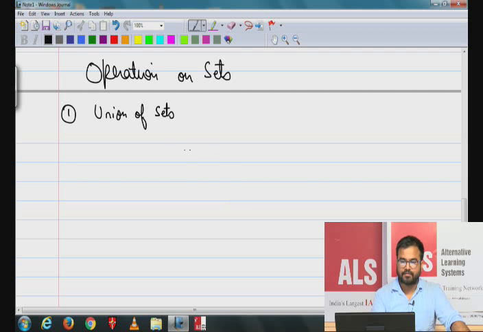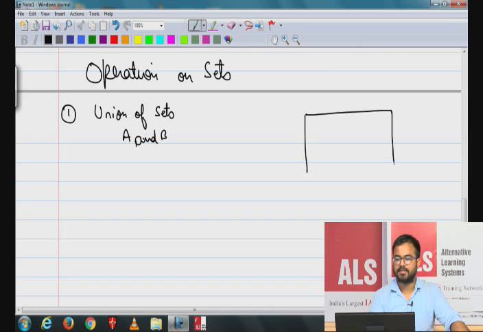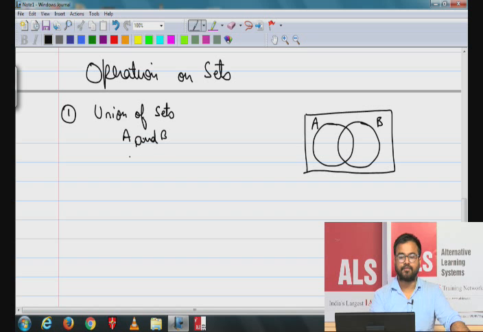So suppose we have two sets A and B and they are represented like this. This rectangle represents the universal set, and this is A, this is B. The union of sets is represented by A union B. The symbol ∪ is used for the union, and the union basically means total.